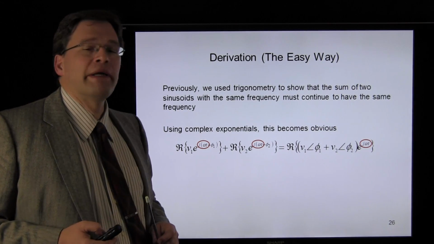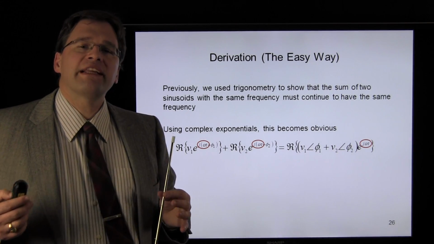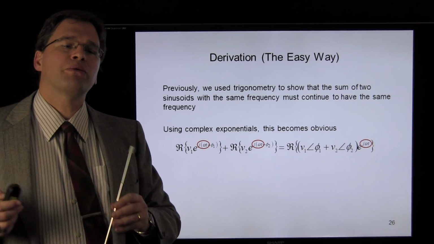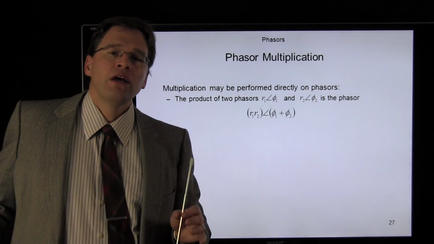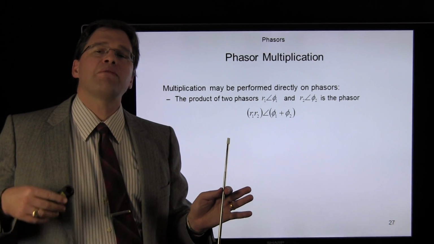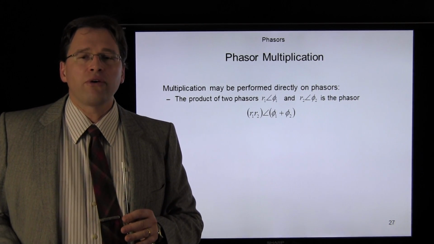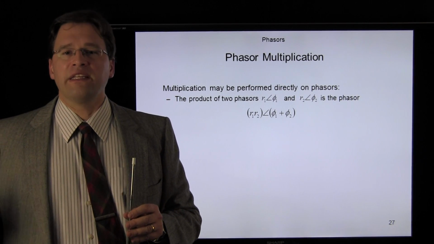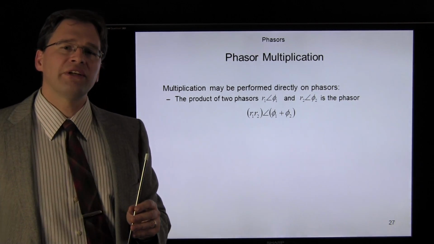The e to the j omega t remains unchanged throughout. But that is why we require that the frequency is unchanged. So now we're going to go on to phasor multiplication and phasor inverses, and then we will use this to solve voltages across a few very simple linear circuits in series and in parallel.